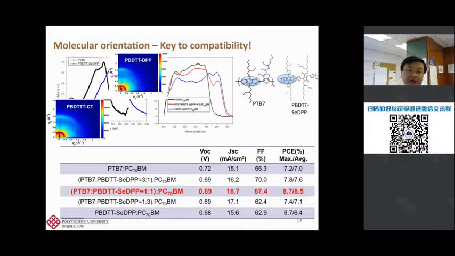Both of them have a face-on orientation, and indeed we optimized the device. Starting from 7% and 6.7% for these two, putting them together we can get a higher performance of 8.7% efficiency. So that tells us the device is getting good.